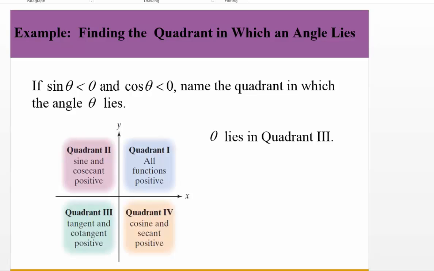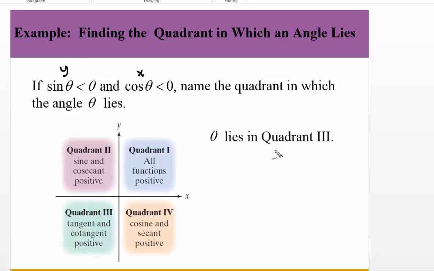When you think about this, I always equate sine with y, and less than 0 means negative. So it would either be down here in quadrant 3 or quadrant 4, where y is negative. But wait a minute. It also says the cosine must be less than 0, and cosine relates to x. If it's less than 0, it's negative. So therefore, our angle must lie in quadrant 3.